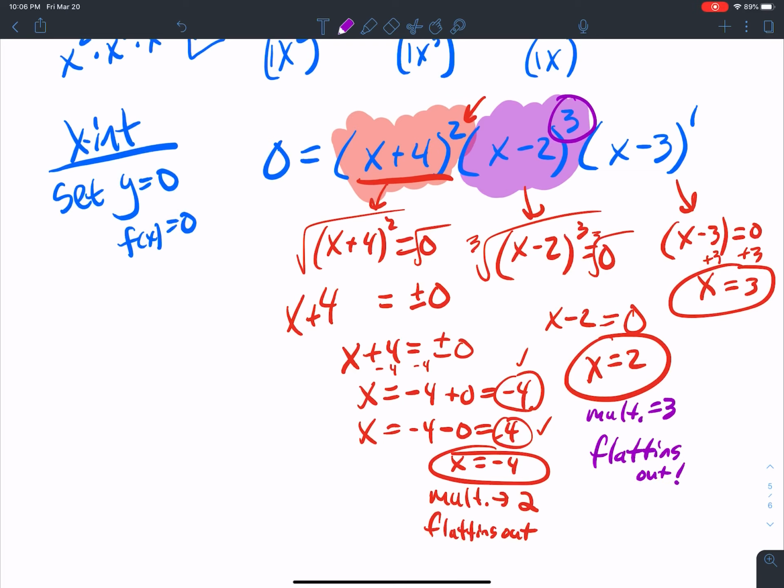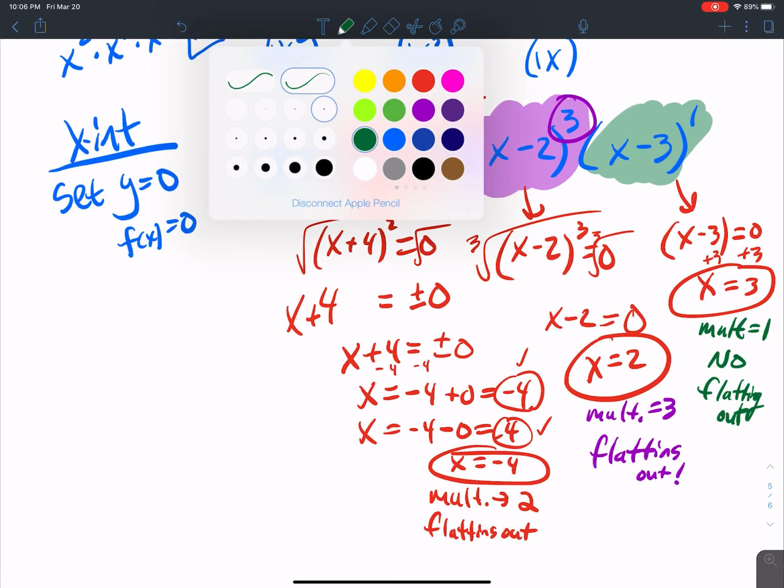The last one, x minus 3 to the 1, has a multiplicity of 1. No flattening out, because the multiplicity is not greater than 1.